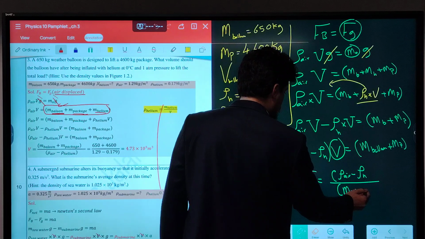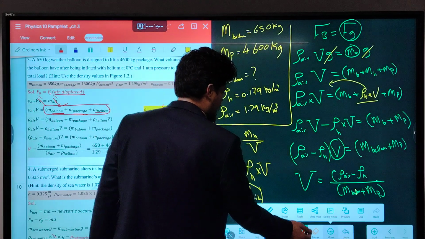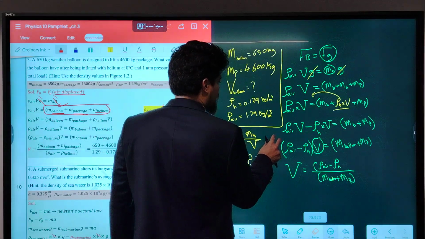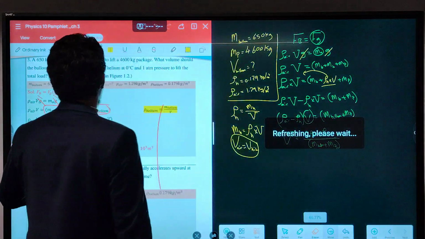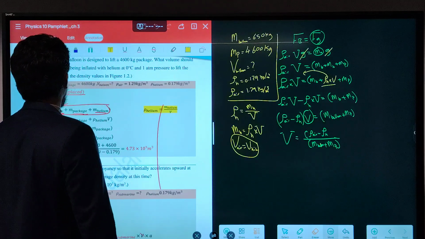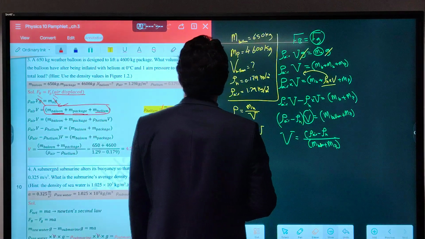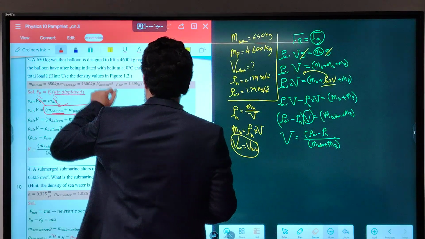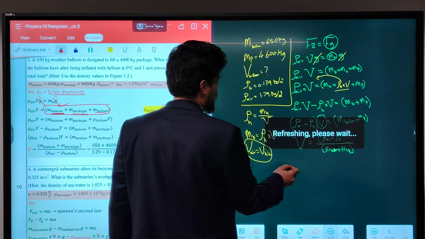In this way you can determine the volume of the helium. What volume should the balloon have after being inflated? This is the volume that the balloon has after being inflated. Okay, volume is equal to what?